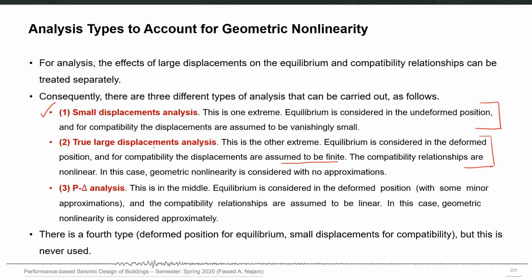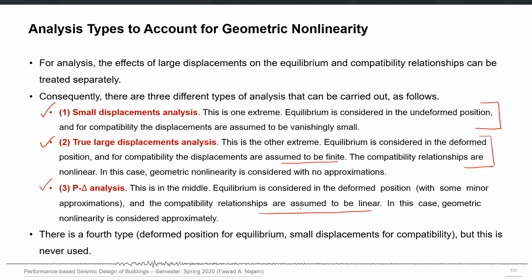But in between these two extremes, there is another analysis procedure called the P delta analysis. This is in the middle. You consider the equilibrium in the deformed position with some minor approximations, and the compatibility relationships are assumed to be linear. Which means that you are somewhere in between 1 and 2, where you are considering the equilibrium in the deformed position, but at the same time the compatibility relations are assumed to be linear.